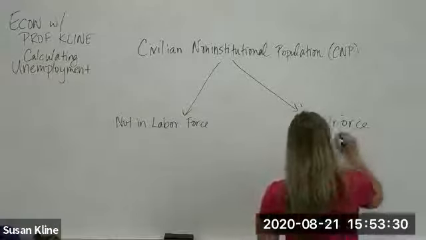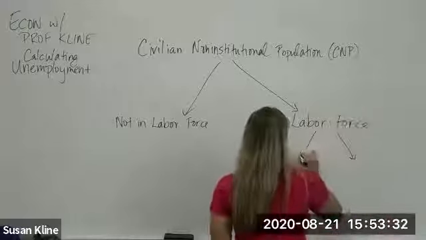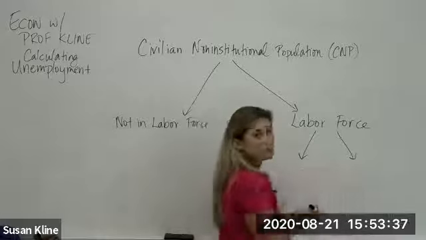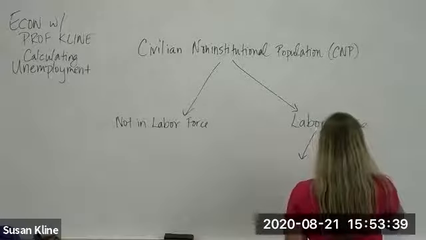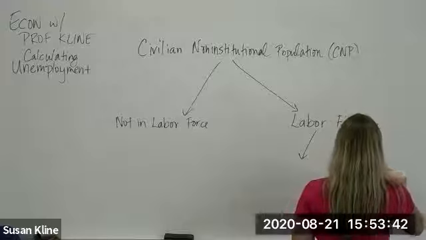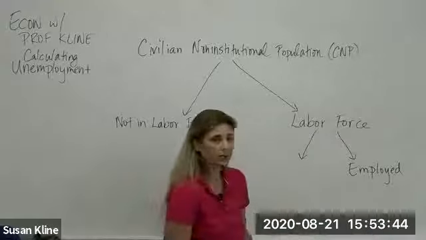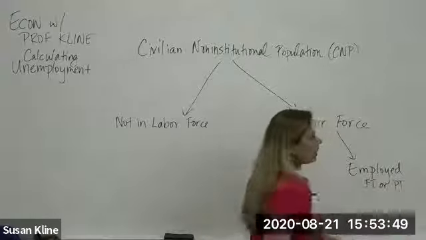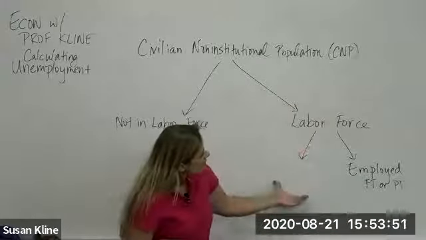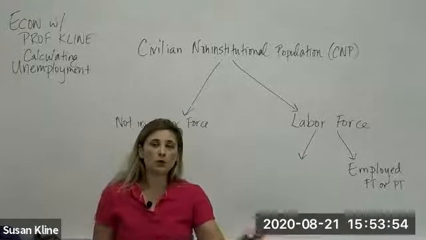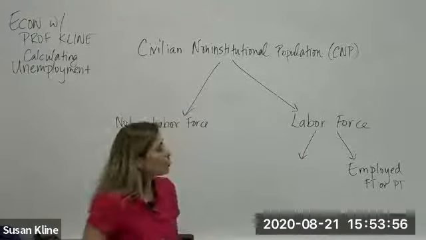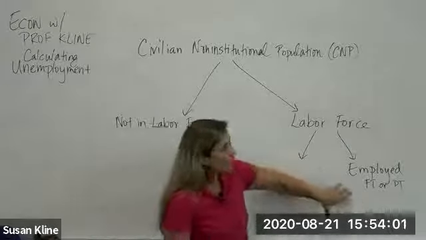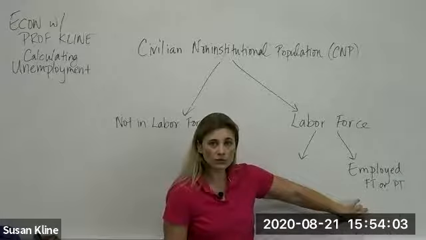Labor force, we're going to put you into one of two categories, which also means that labor force is going to be equal to the addition of these two categories, right? So the first one is employed. And employed can be full-time or part-time. And so the way that we get this information, the BLS, the Bureau of Labor Statistics, who also gets some help from the Census Department, they actually do phone calls to 100,000 households every month.